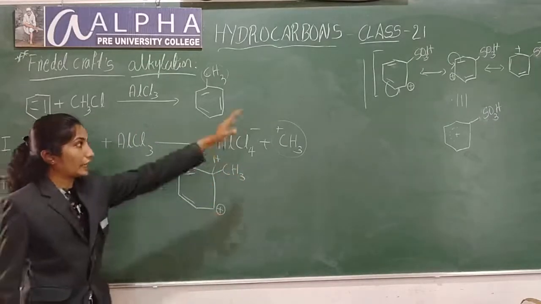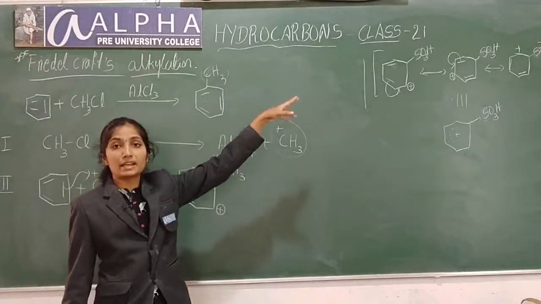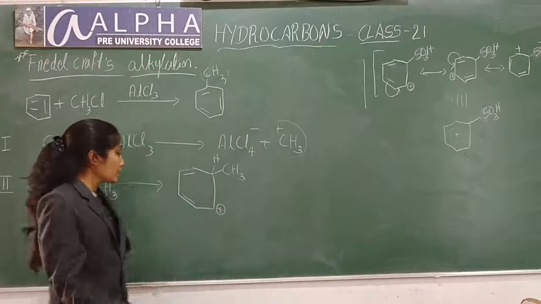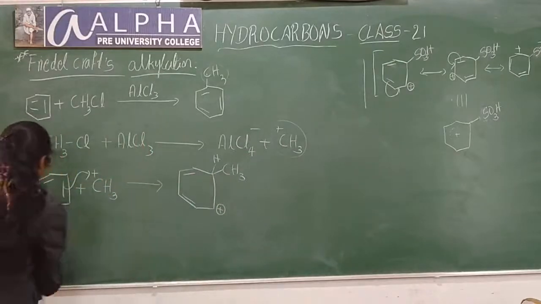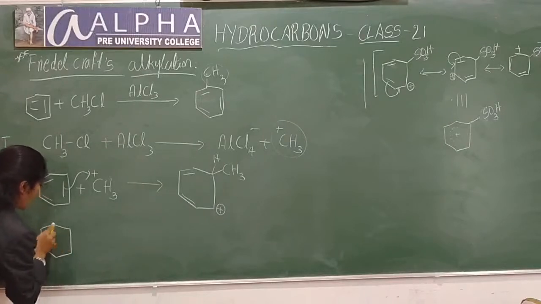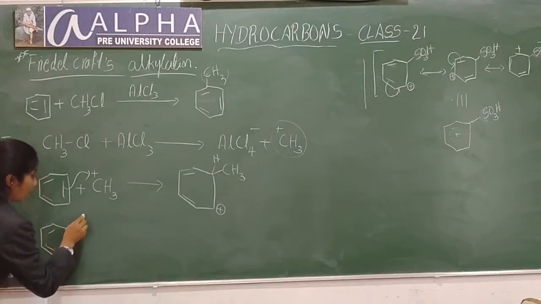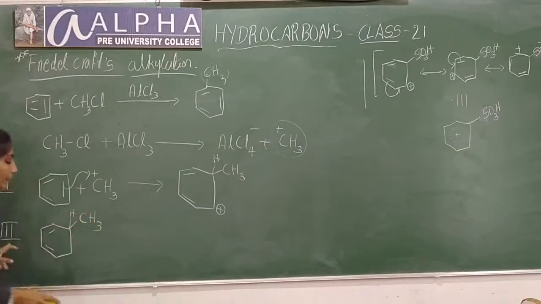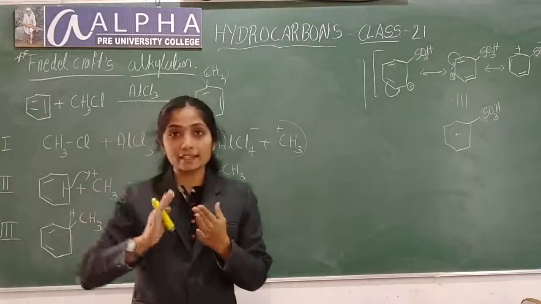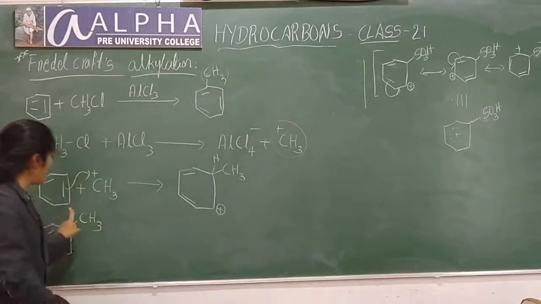This carbocation is resonance stabilized. Replace all the SO3H groups by CH3. In the last step, elimination of proton: to attain its aromaticity, because aromatic compounds are highly stable, to attain its stability and aromatic character, it will lose a proton.